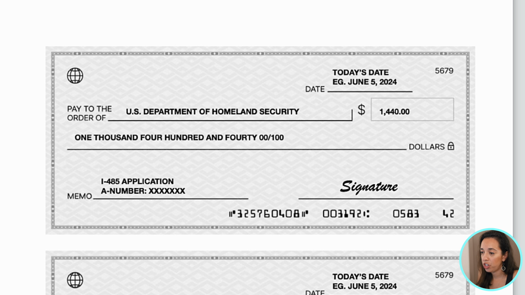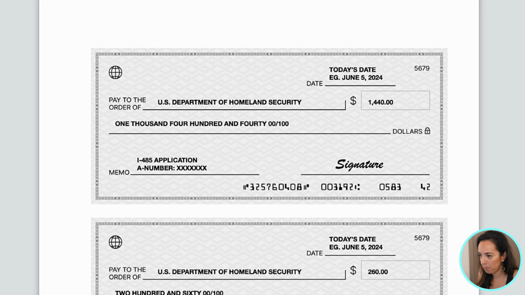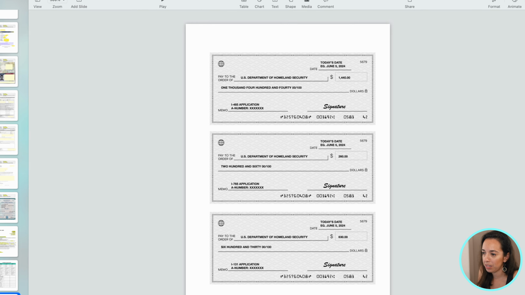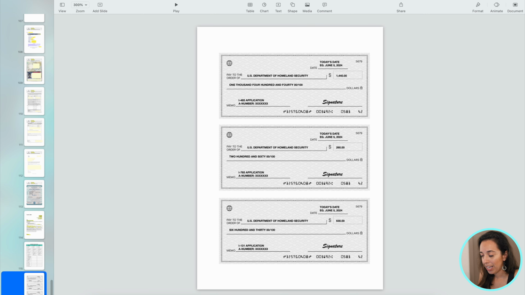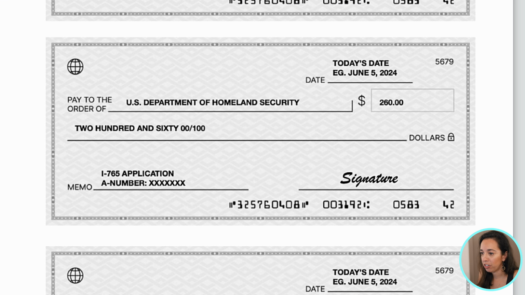If you're filing just the I-485 form, then that's the only check you need to submit. However, if you're filing for work and travel authorization, then the next check for the I-765 application should be written in exactly the same format, however, should be made payable to the amount of $260.00, and this fee is due to you filing concurrently with the I-485 form.